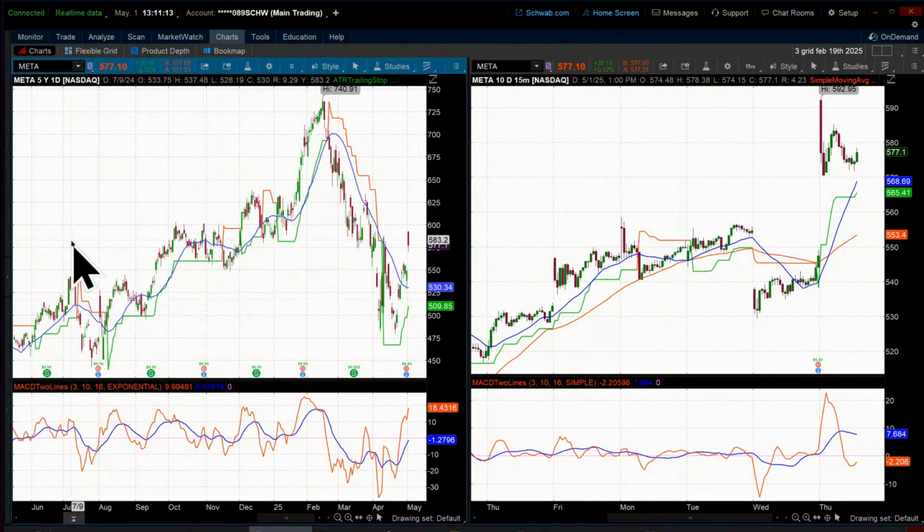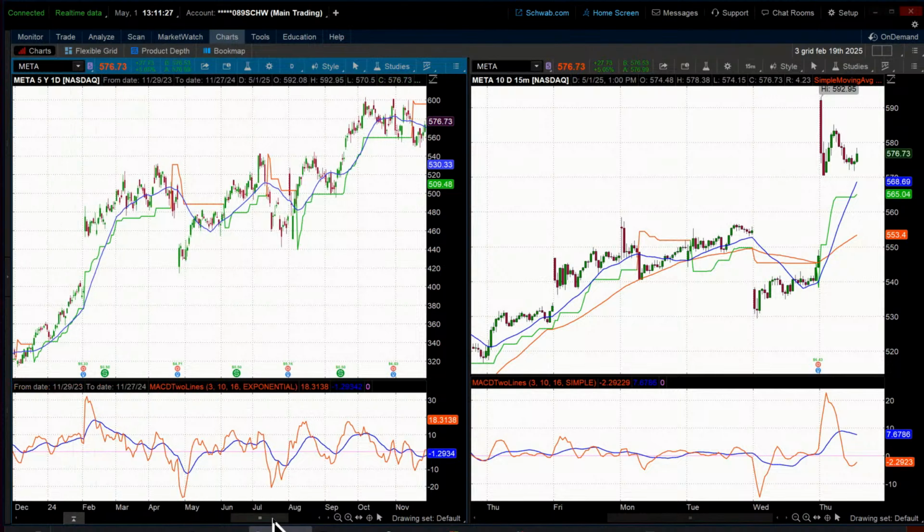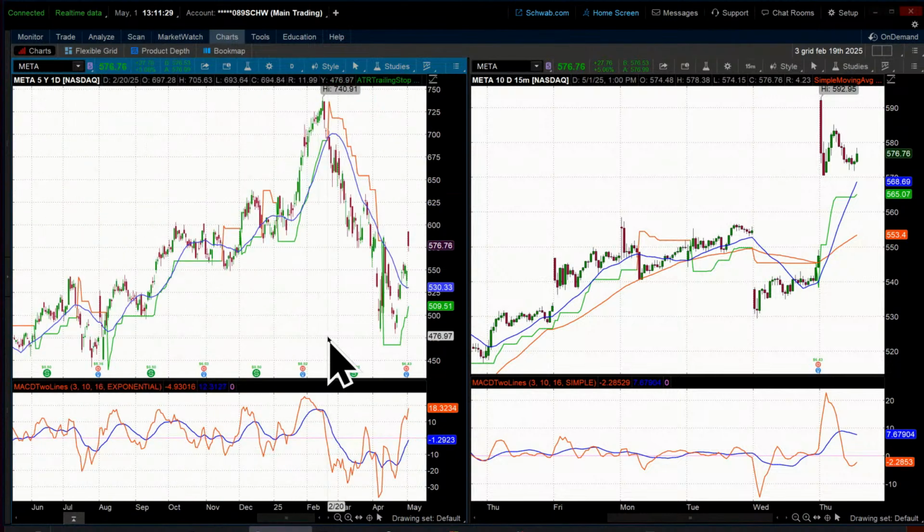When it gaps down on earnings, it usually does nothing for a week. Look at that. Gaps down, that was a low. Gaps up, that was a weekly high. So it doesn't hurt to do something neutral in there for next week. You're now at resistance. A lot of times on the gap up, it goes down the next week. Not that much. So we're going to look at neutral ideas later.